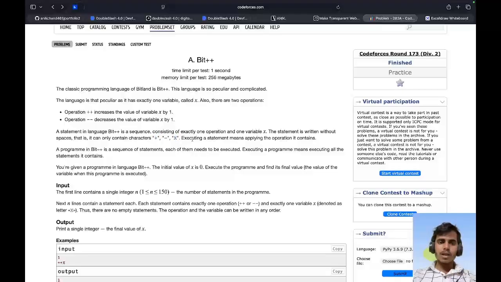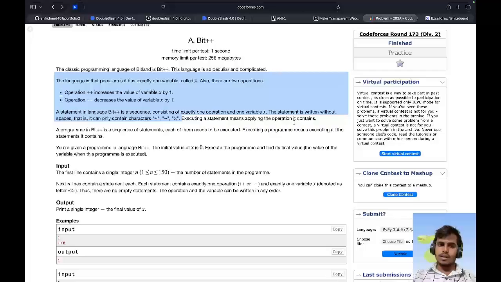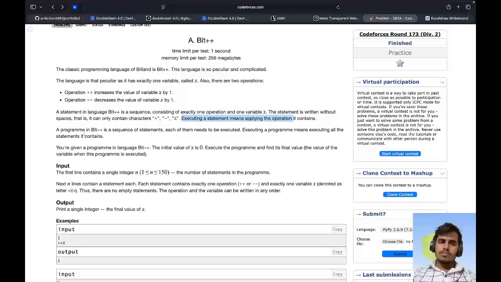The string only contains plus, minus, or x, nothing else. Executing a statement means applying the operation it contains. A program in Bit++ is a sequence of statements. Each of them needs to be executed. Executing a program means executing all the statements it contains.